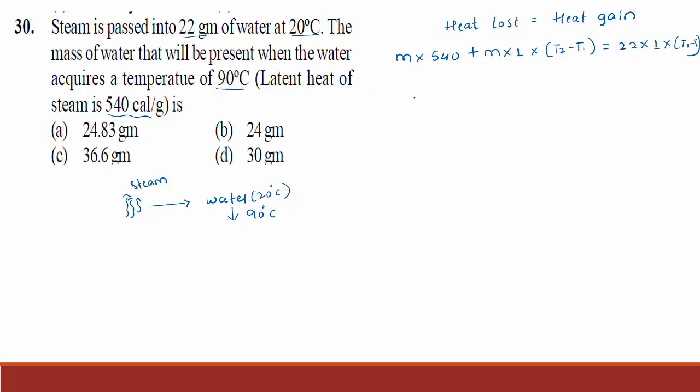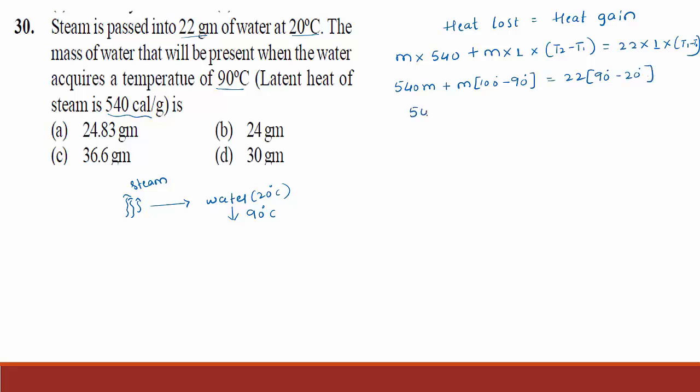Now we can write m into 540, that gives 540 m, plus m into 1 into the temperature change. T2 minus T1 means here steam is at a temperature of 100 degrees Celsius, and it is absorbed by water, which acquires a temperature of 90 degrees Celsius, is equal to 22 into the change in temperature of water, its final temperature 90 degrees Celsius, initial temperature 20 degrees Celsius.